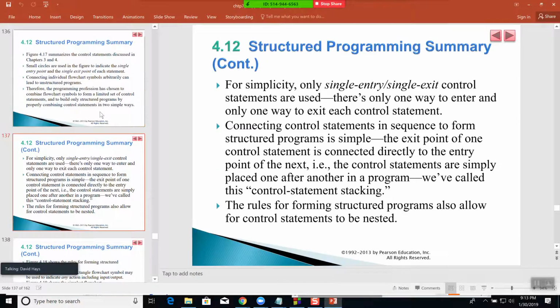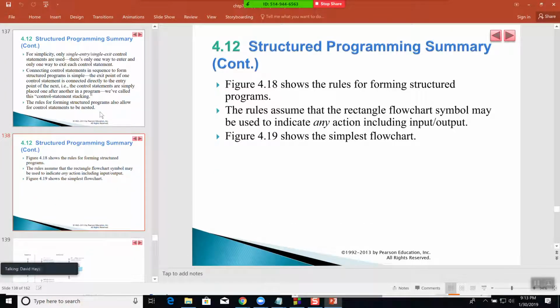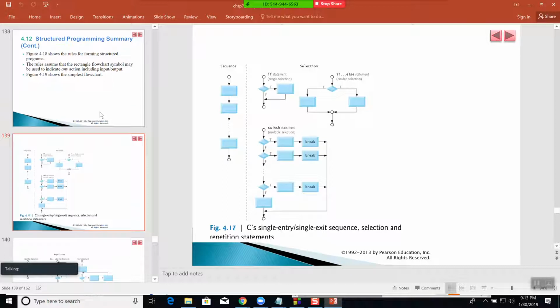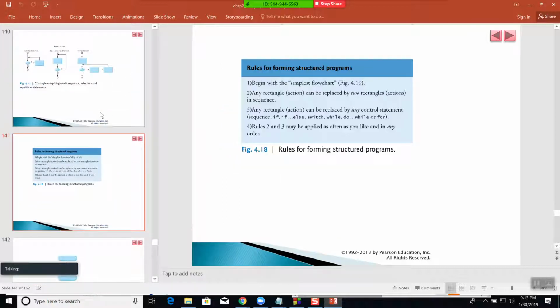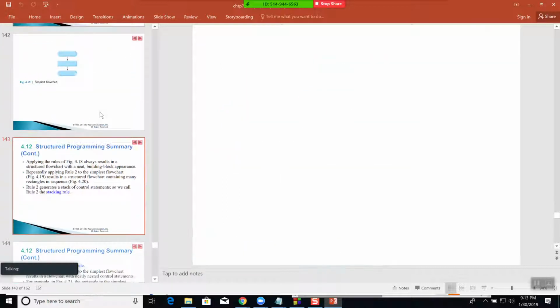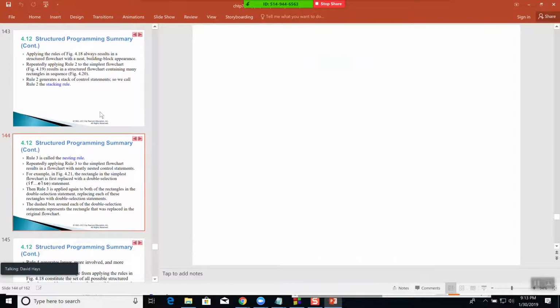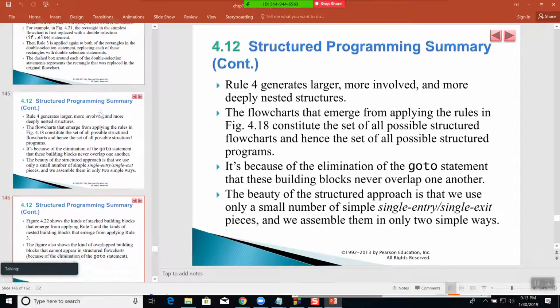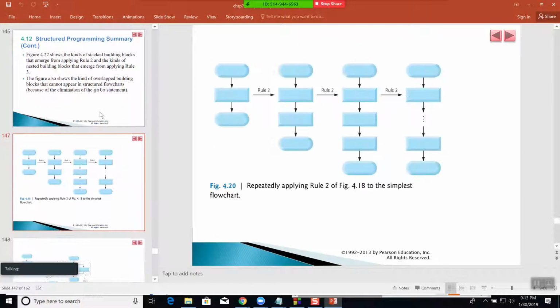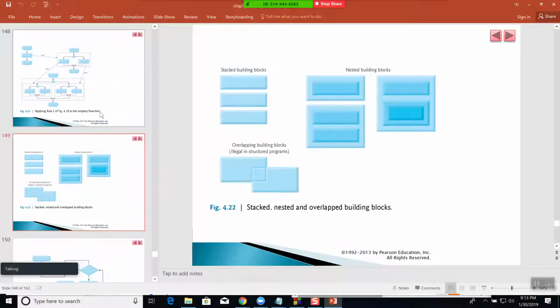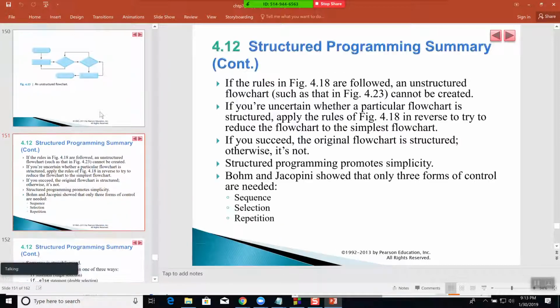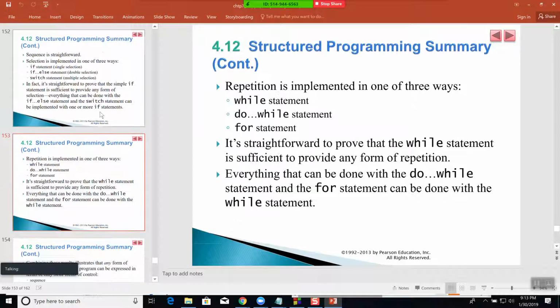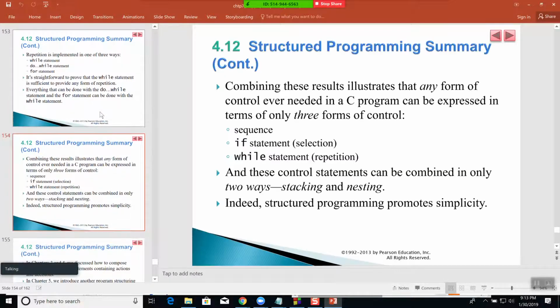Structured programming summary. I'm going to go with that. Okay.